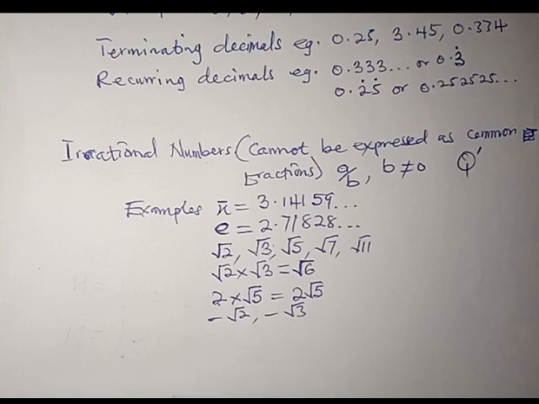We have also talked about irrational numbers, and we have given examples as well. So I know if you are asked to differentiate between rational and irrational, you'll be able to tell me. And when you are asked to give examples, you should be able to give me a lot of examples. Okay? All right.